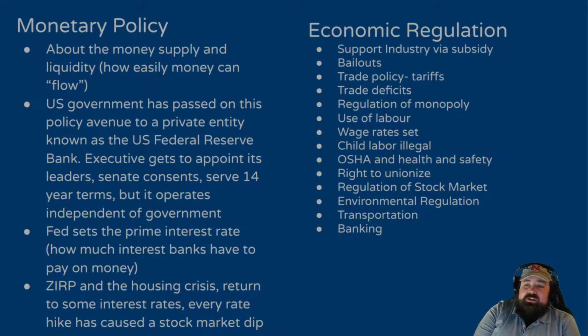And like I'd already mentioned, the U.S. government really passed on its ability to do policy making to a private entity known as the Federal Reserve Board. The executive branch appoints the leaders of the Federal Reserve Bank, and the Senate approves them. They serve 14-year terms. So the government sets up the leadership of this private bank, but it operates independent of our government.